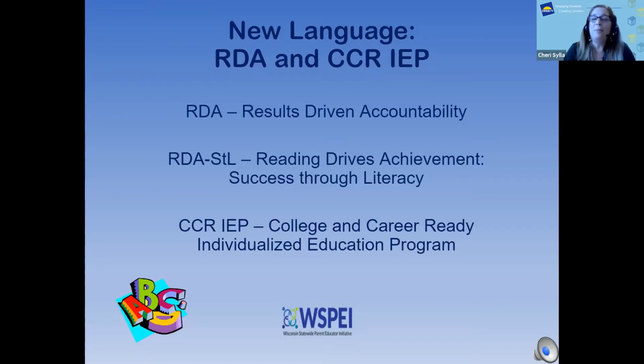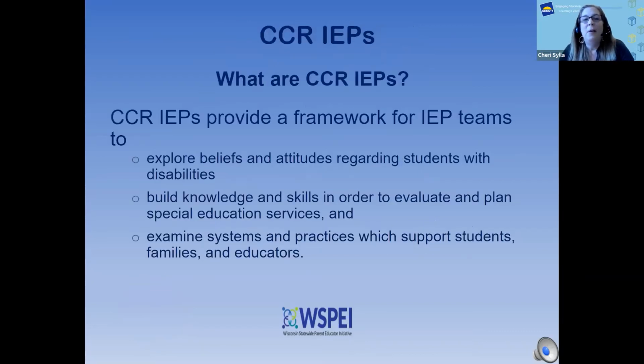So more acronyms. All right. The other thing about this is DPI also developed a framework by which they want IEP teams to work. Number one, they want IEP teams to really explore their attitudes and beliefs regarding students with disabilities.